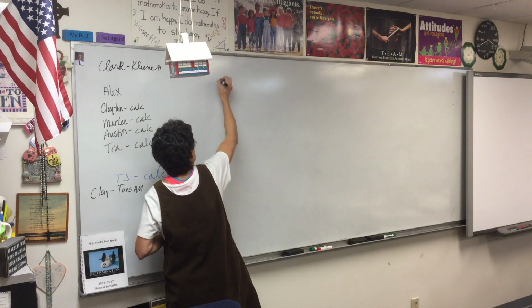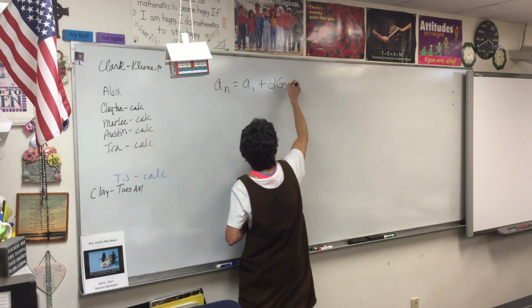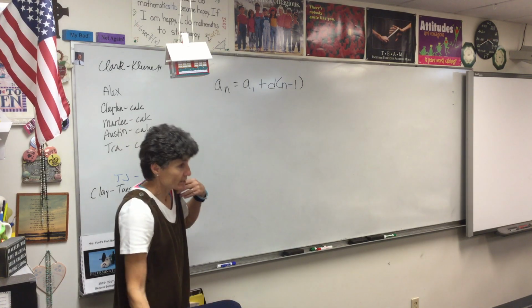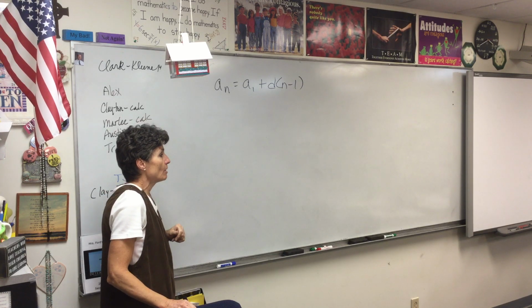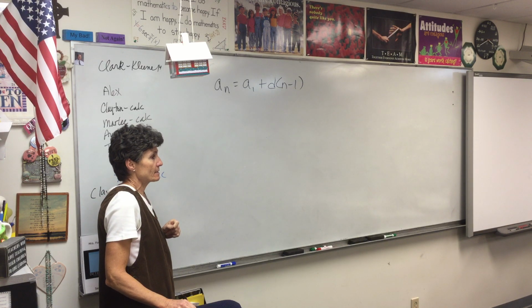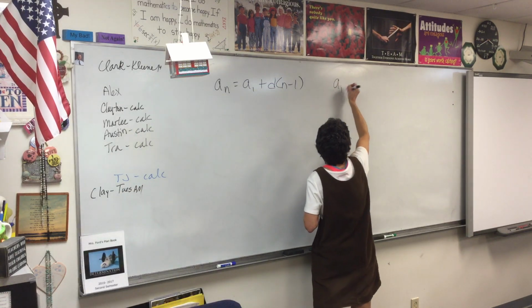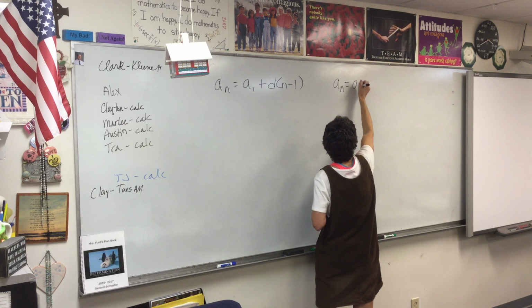Now, I can't remember if I gave you this formula already or not. Does that look familiar to you? No. Nope, all right, good. I'm glad I'm giving it to you. This is your formula for an arithmetic sequence. I'm going to go ahead and give you the one for a geometric sequence also.